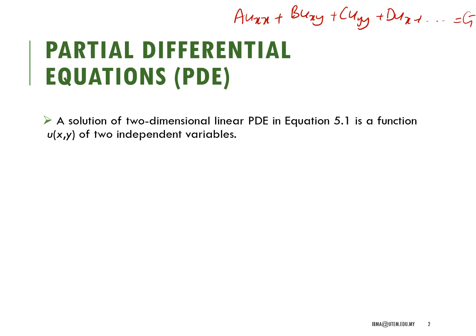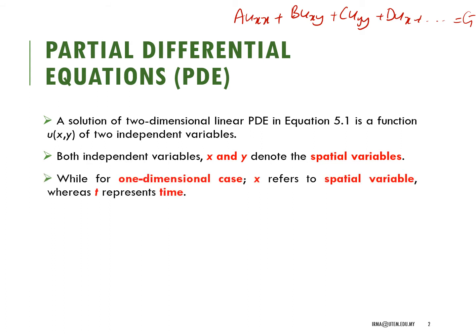We have two independent variables here, x and y, and both denote the spatial variables. That is why this is 2D, two-dimensional.